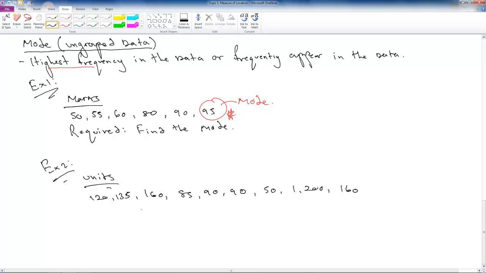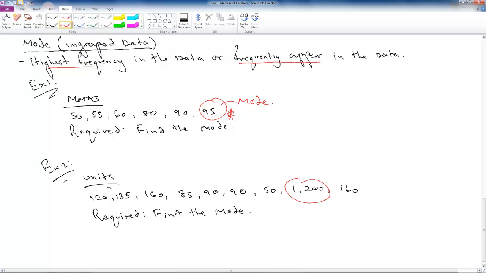Required still the same, find the mode. Here, even though we have the highest value, which is 1200, you have to be careful.